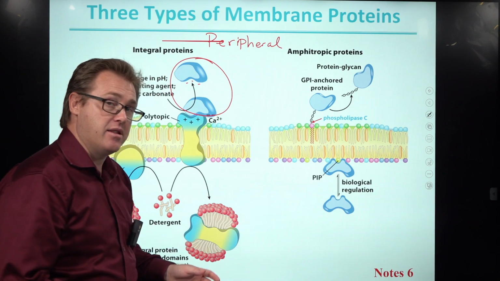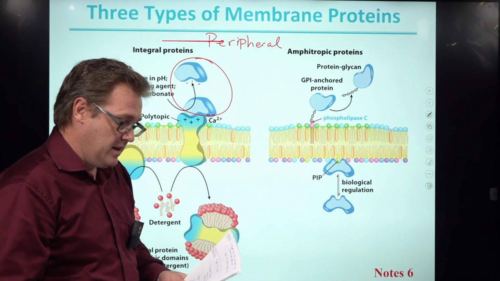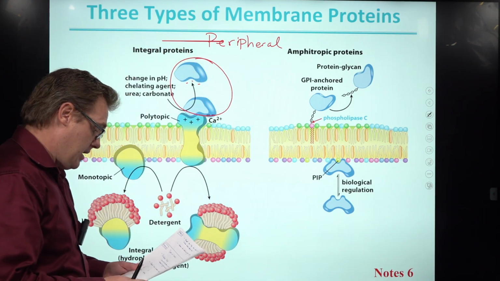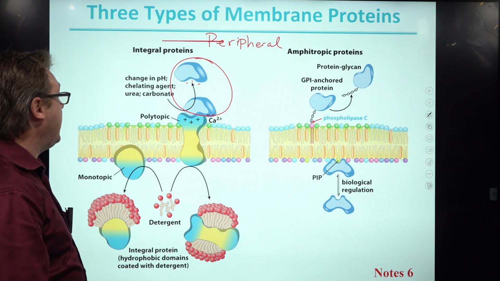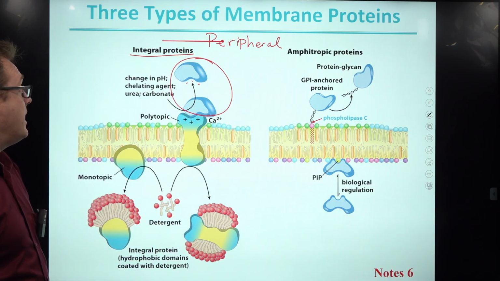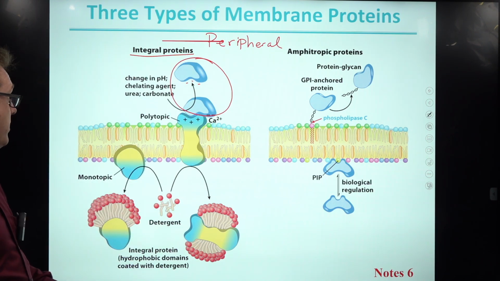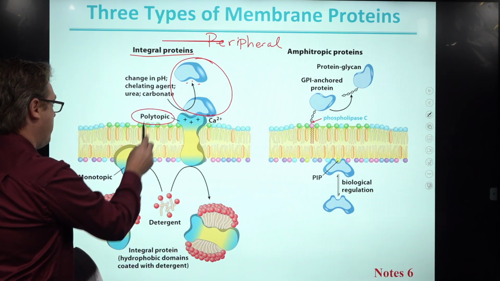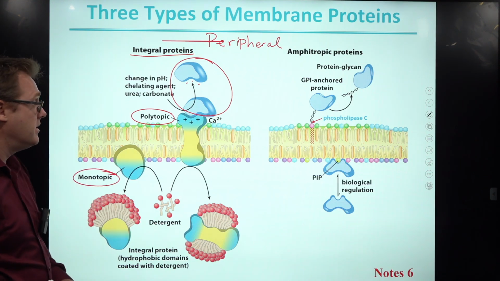And so we could isolate those proteins in that way. And so that's the definition of a peripheral protein. Then we have something called an integral protein shown right here. And an integral protein, there's going to be two classes. We have polytopic and monotopic.